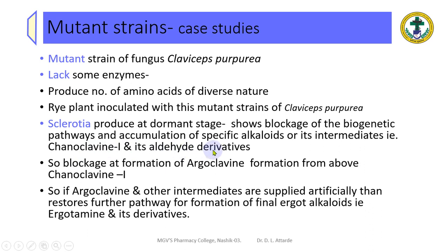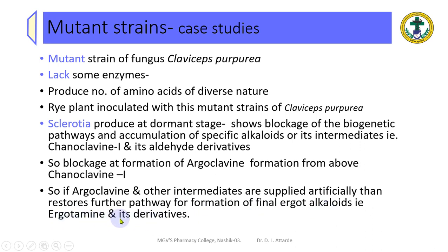At this step, the process halts. So there is a blockage in the formation of agroclavine from chanoclavine-I. This agroclavine further gives rise to the various types of ergot alkaloids. So it gets stuck. If agroclavine and other intermediates are supplied artificially, then the pathway is restored for the formation of the final ergot alkaloid, that is ergotamine and its derivatives.